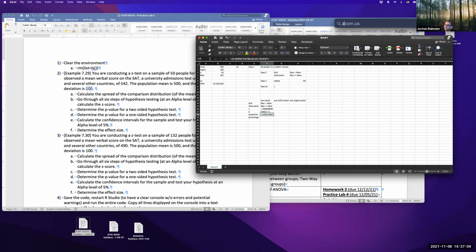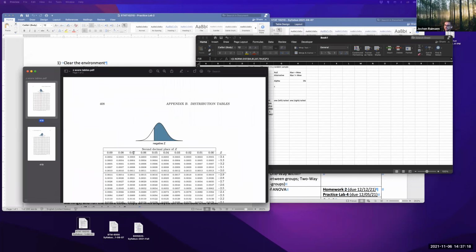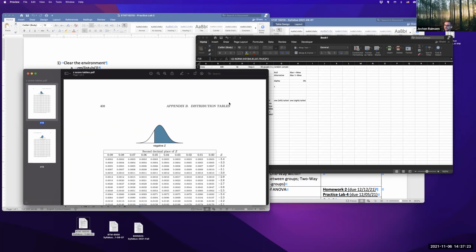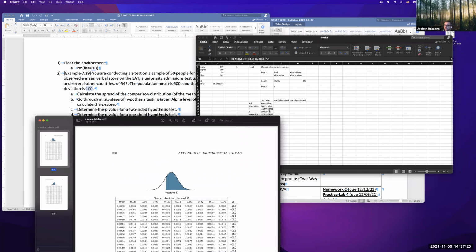And you can look this up on the Z score table as well. When you go for 2.97, minus 2.97, you have here 0.0015.